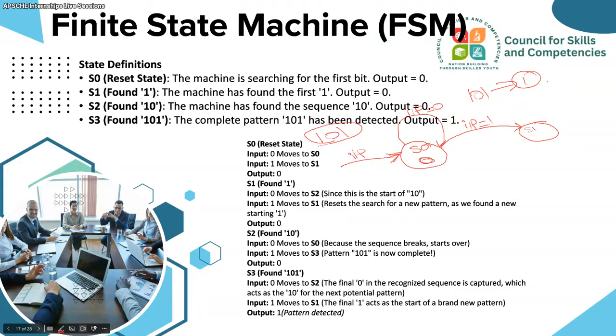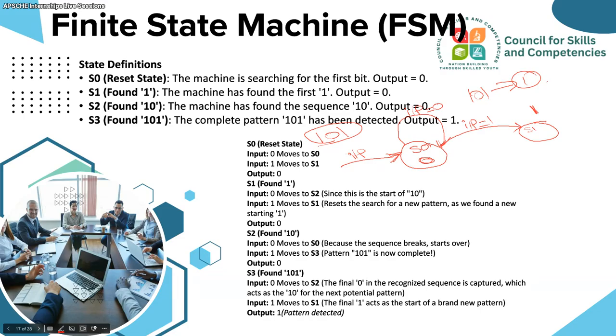When we get the input, it might be coming randomly, and we check: if the input is 1, let it move to the second state. That means we already know there is a 1. If there is 0, let it stay here only. Okay, so we are able to complete this state.